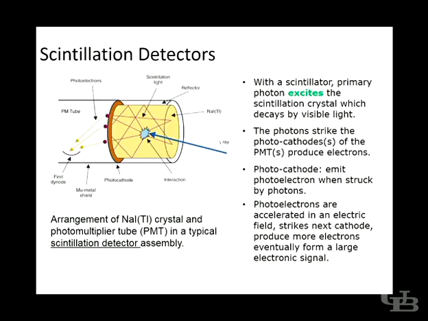The third type of detector is called the scintillator detector. The composition of this type of detector, it consists of two components. One is scintillator, drawn here as this cylindrical shape, and attached to another component called, in this case, the photomultiplier tube.